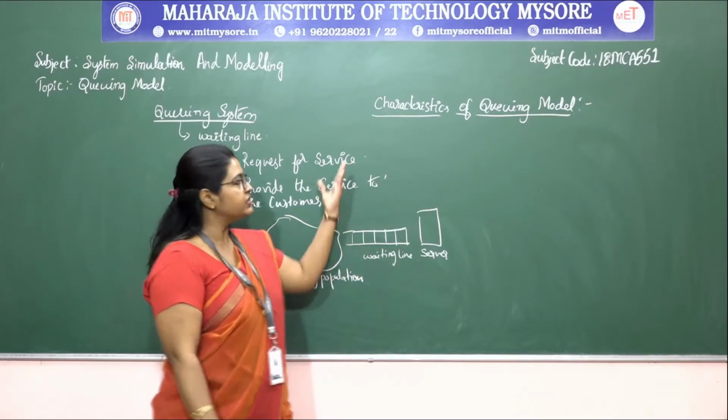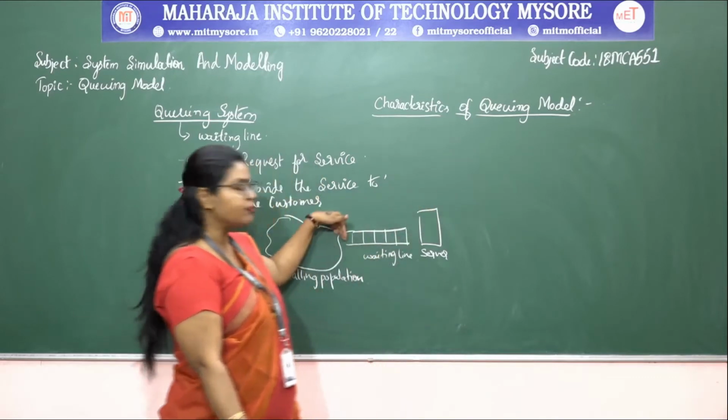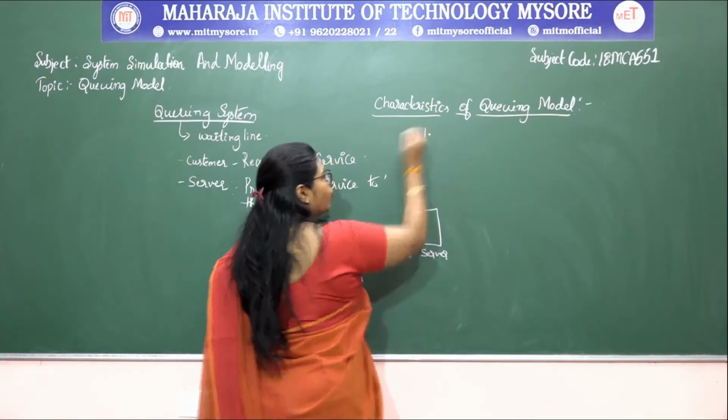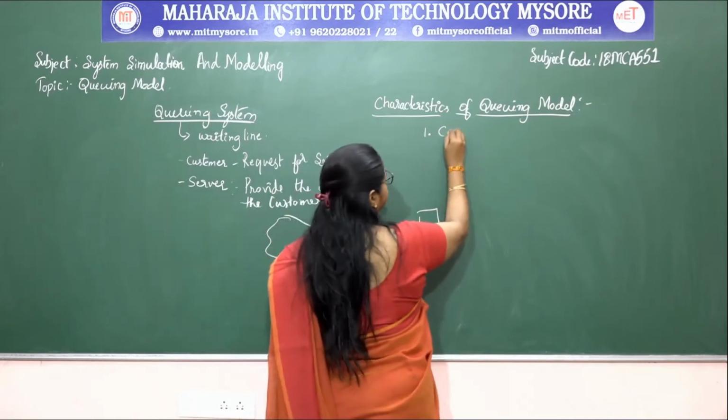Okay, so now let us see what are all the different characteristics of this queuing model which come under this queuing system. The first one is your calling population.